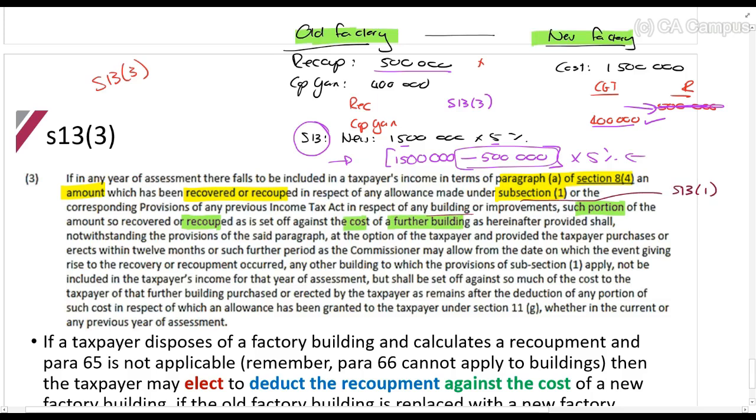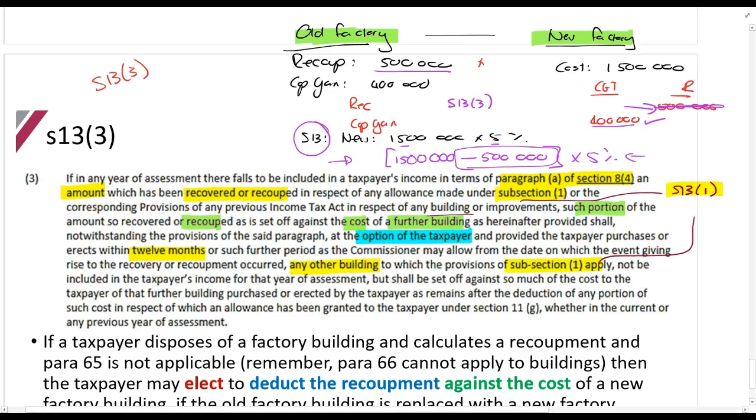so you must take the money from this building and buy the new building, shall, notwithstanding the provisions of the said paragraph, at the option of the taxpayer, so the taxpayer must choose this, and provided the taxpayer purchases or erects within 12 months from the date on which the event gave rise to the recovery or recoupment occurred, any other building to which subsection 1 applies, which is again section 13.1.